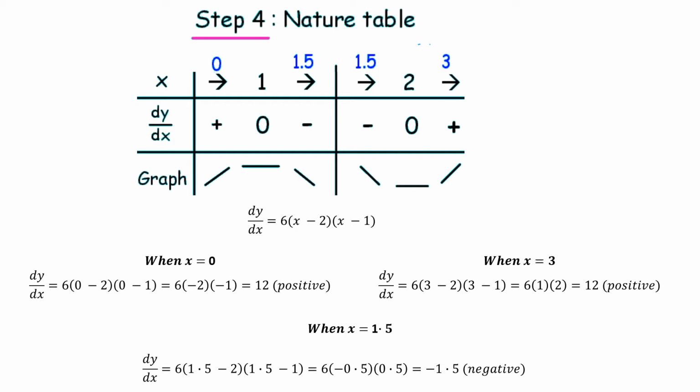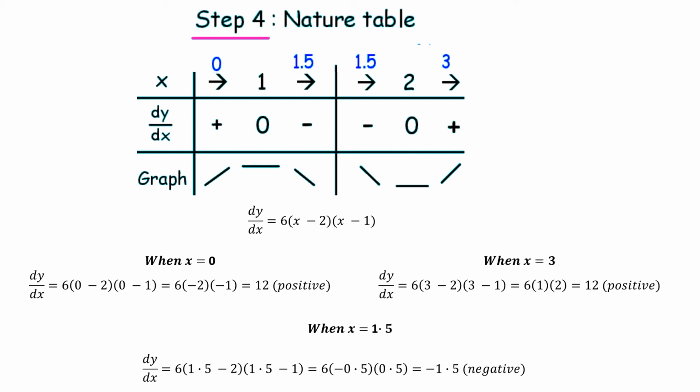Now, a couple of points to make. When you're doing these type of questions in an SQA exam, if you were to put numbers here, 0, 1.5 and 3, you must show the working that I've got at the bottom of the screen here. So if you have a 0 at this arrow, you need to show the steps that I've got here. If you don't show them, you will lose a mark.